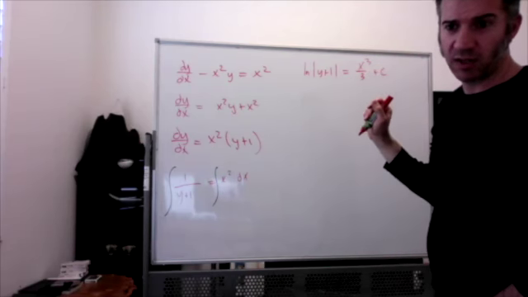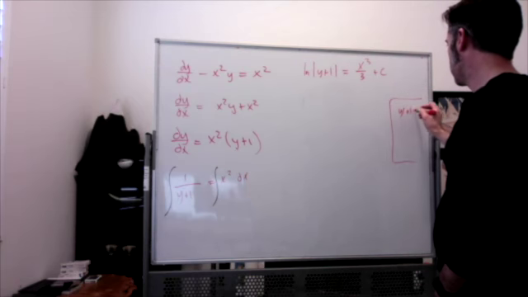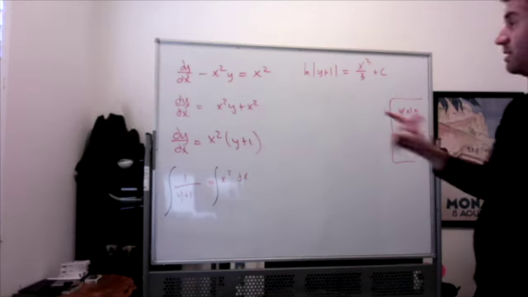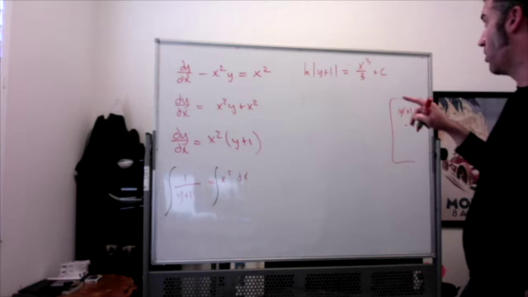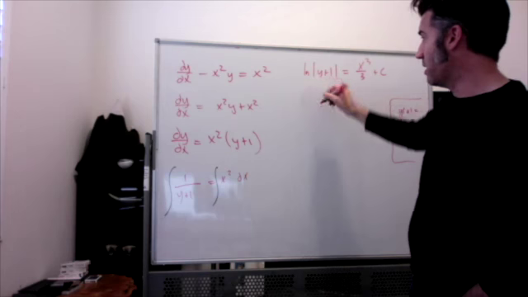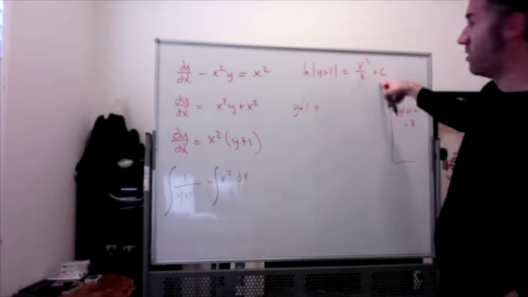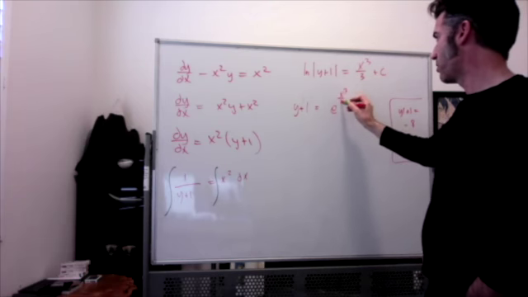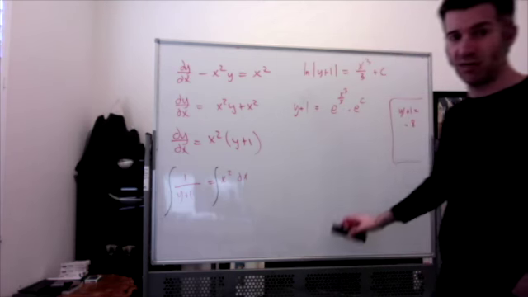Also, we were given this condition that y of 0 equals negative 8. Now is not our moment to plug in 0 for x and negative 8 for y. We want to exponentiate both sides and drop the absolute value. So we're going to say e to the this, drop the absolute value, equals e to the x cubed over 3 times e to the c, but then we're going to replace e to the c with just k.